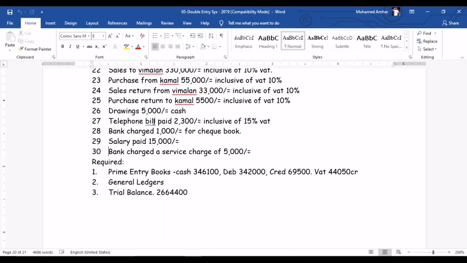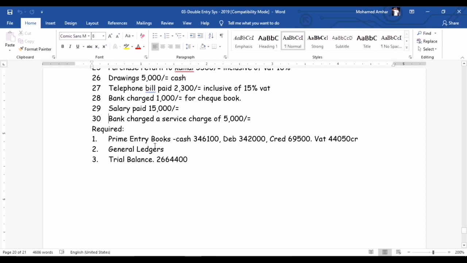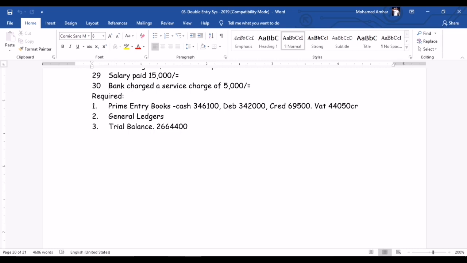First we record all the transactions in the prime entry books. At the end of the month only we transfer to ledgers. So now from the prime entry books we have to transfer the amounts to ledgers, right?